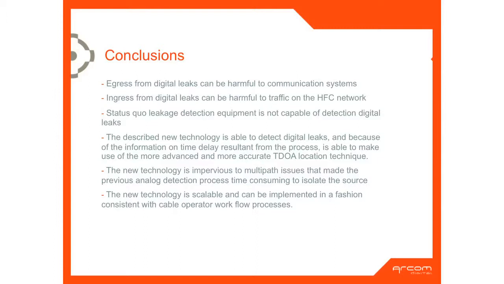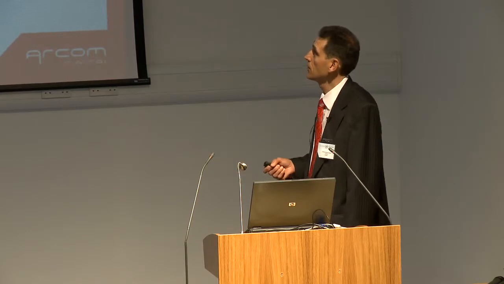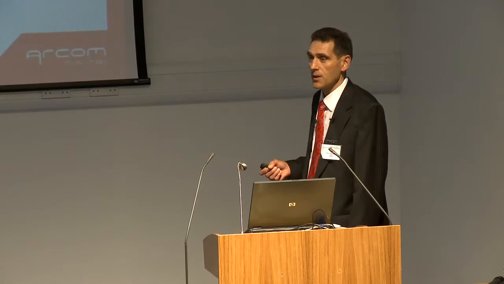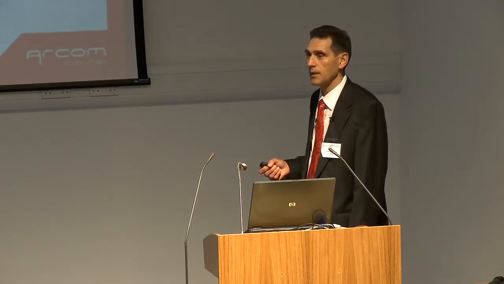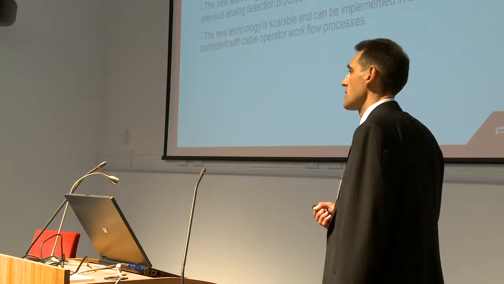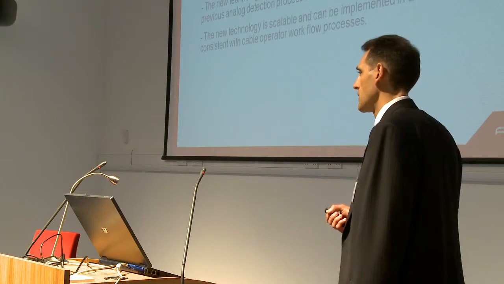Status quo traditional leakage detectors are not usable for finding this sort of problem. The new technology is able to detect digital leaks, and the information about the time delay and the method for location using the time difference of arrival is extremely accurate.